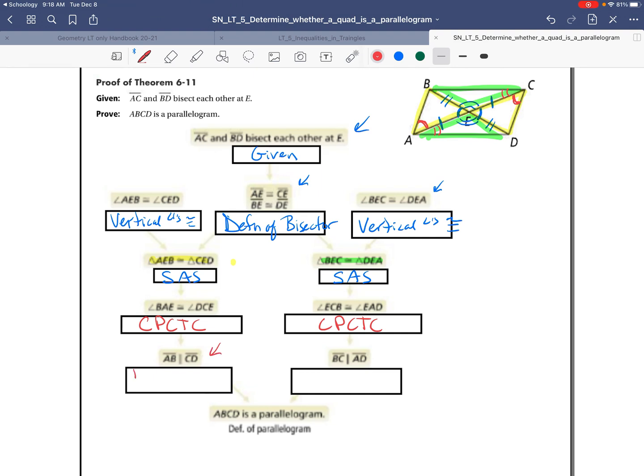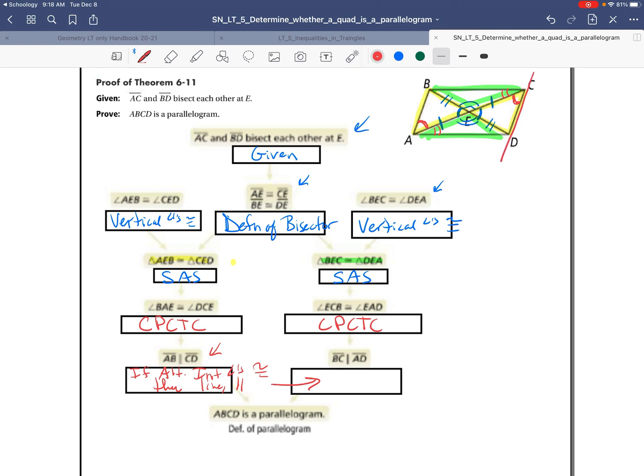So if alternate interior angles congruent, then lines parallel. And that's true over here as well. If alternate interior angles are congruent, then lines are parallel.